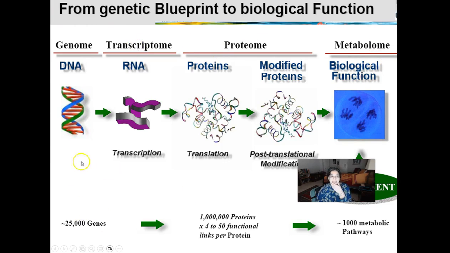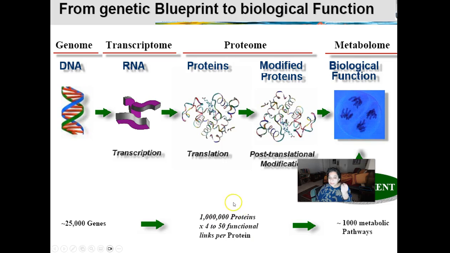So if you were to examine at the genetic level, let's say you have about 25,000 genes, using those 25,000 genes, you have about 1 million different proteins that are present within our cells at any given time, or in our body at any given time.